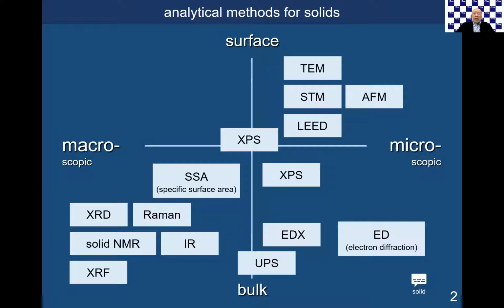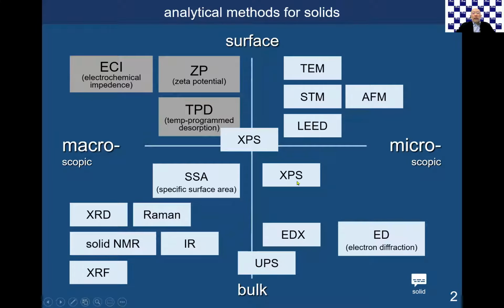Only limited analytical methods, such as electrochemical impedance, zeta potential, and temperature programmed desorption, show macroscopic information on surface structure. However, the targets of those measurement techniques are limited. Only some parts of solid materials can be analyzed by using them.